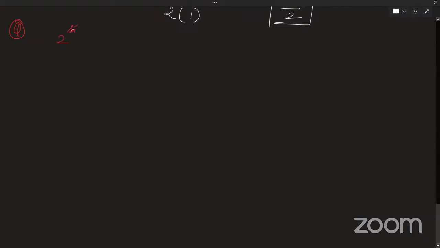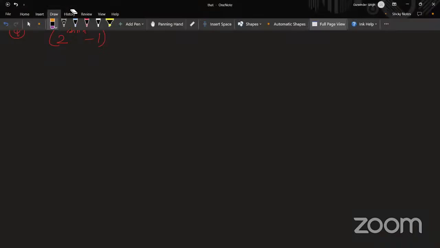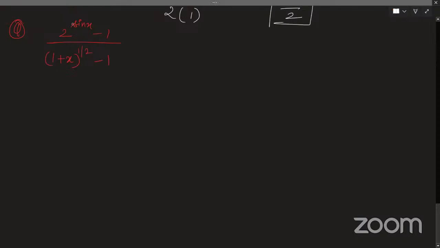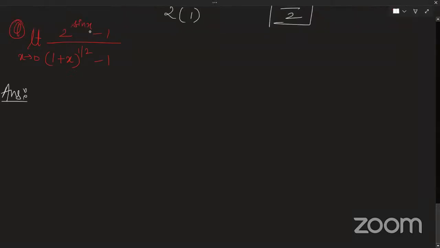So limit x tending to 0 of 2 raised to sin x minus 1 divided by 1 plus x raised to half minus 1.